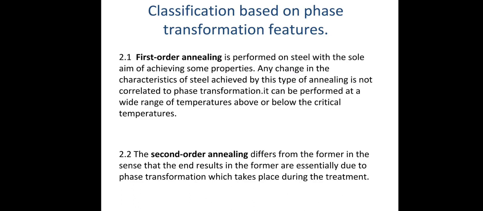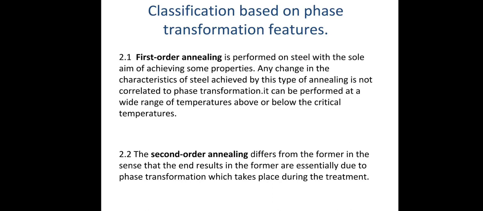Classification based on phase transformation features. First order annealing is performed on steel with the sole aim of achieving some properties. Any change in the characteristics of steel achieved by this type of annealing is not connected to phase transformation.